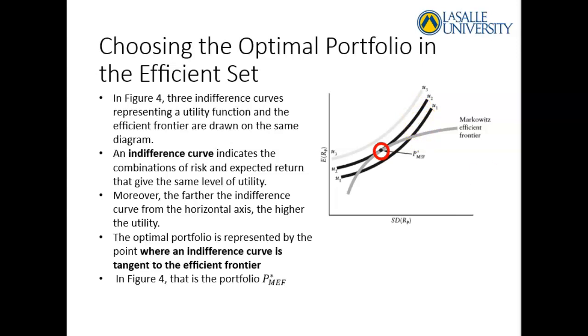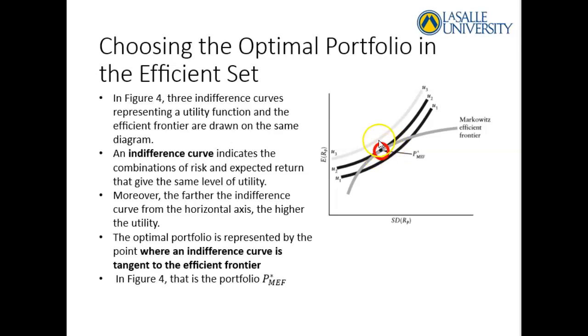From figure 4, it is possible to determine the optimal portfolio for the investor with the indifference curves shown here. Remember that the investor wants to get the highest indifference curve achievable given the efficient frontier. Because of that requirement, the optimal portfolio is represented by the point where an indifference curve is tangent to the efficient frontier.